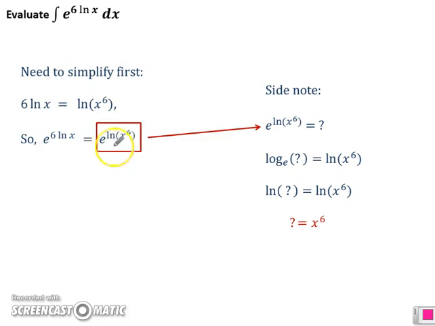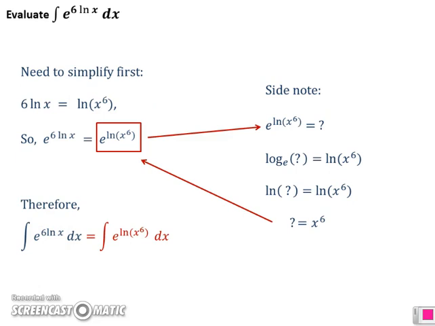So over here, e to the natural log of x to the 6th power is the exact same thing as saying x to the 6th power. So this integral that we started with is really saying that it's the same as x to the 6th power.